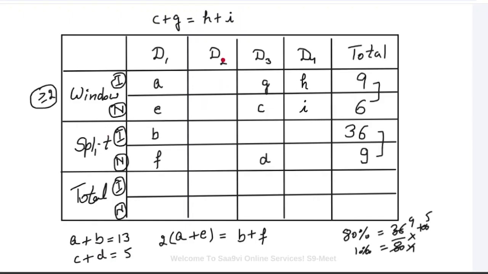That means D2 sold three times the price of C plus G, if I talk about window ACs. Window AC sold by D2, which I can also write as H, I, J, and K.